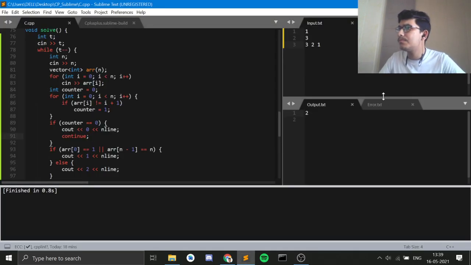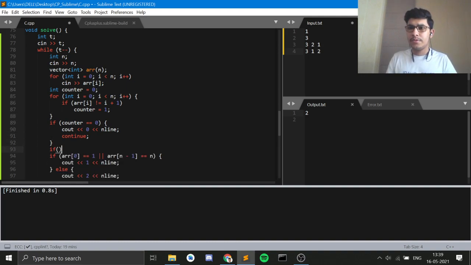Okay, let's talk about this. How will you do it in two steps here? If you select this, then you get 3 comma 1 comma 2, and then if you select, okay, this is fine. So if arr 0 equals n and arr at n minus 1 equals 1, then you have 3 steps.